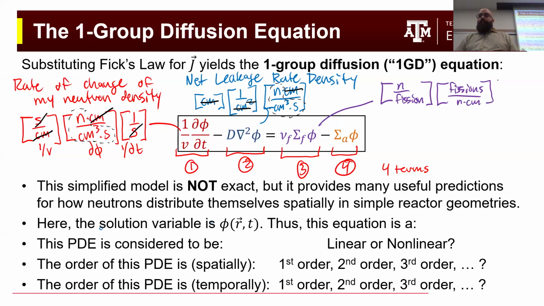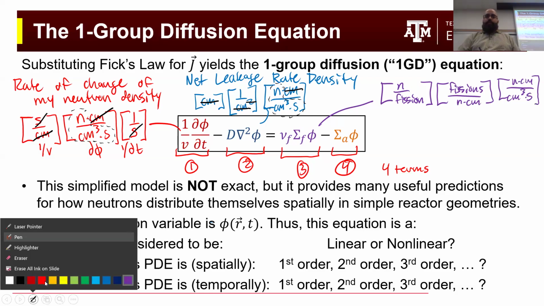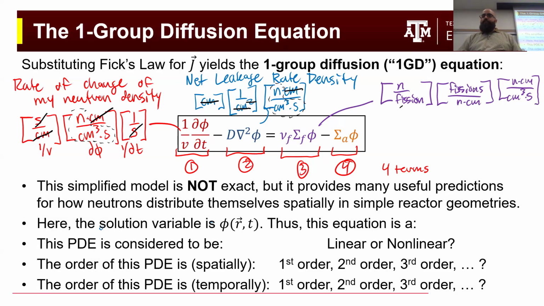And then I've got my flux, which has units of neutron path length per unit volume and per unit time. So if I think about my units, then fissions cancel fissions, neutron path length cancels neutron path length, and what I ultimately have is a quantity with units of neutrons per unit volume per unit time.